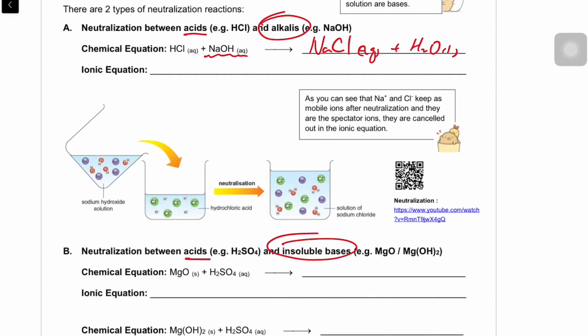Now, you can see during the reaction, the base will contribute the cation and the acid will donate the anion to form the salt. And their ionic equation is simple. It's H+ reacting with hydroxide ion to form H2O. That's it. Because the salt is water soluble, we will cancel it when writing down the ionic equation.